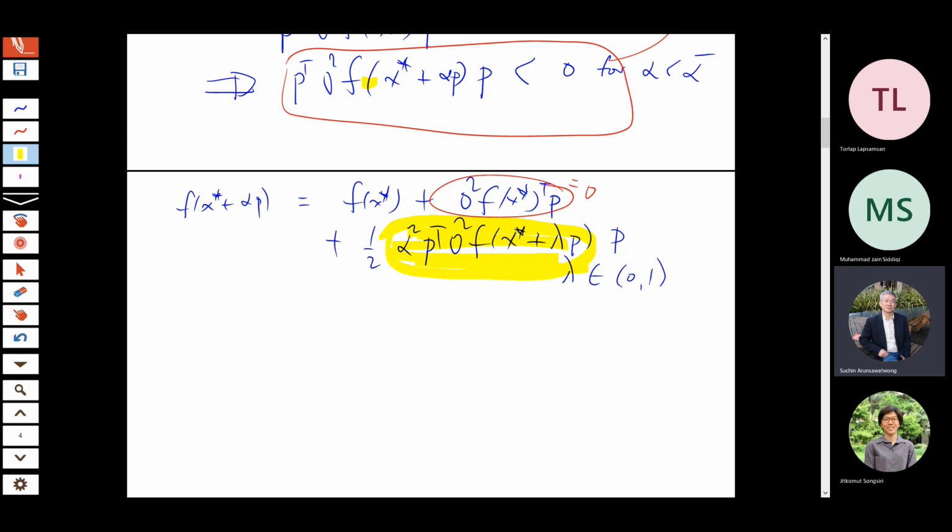So which one is greater? f(x star) is greater.